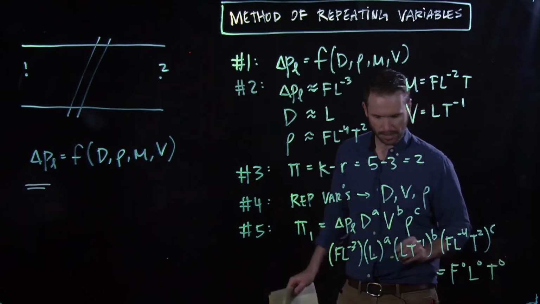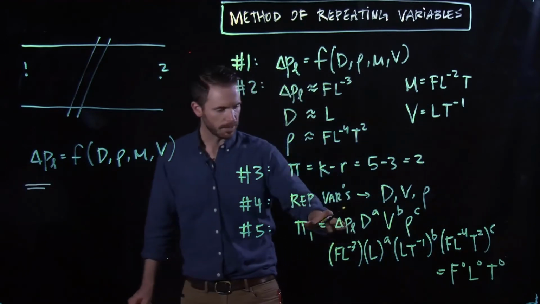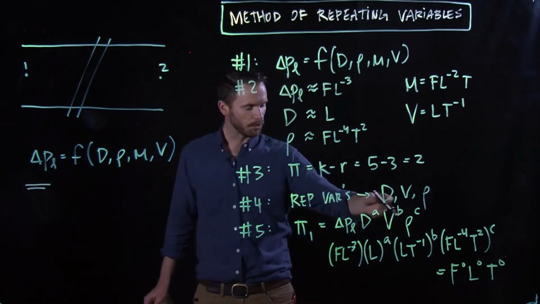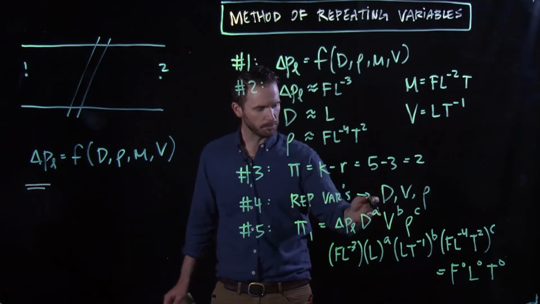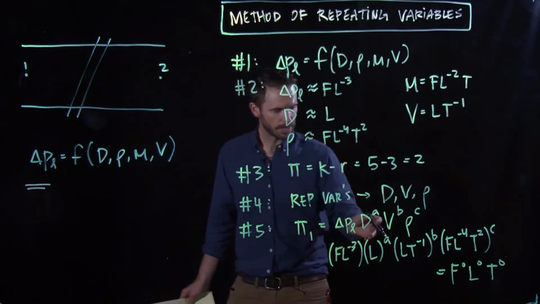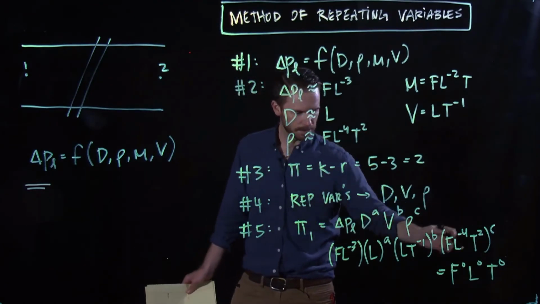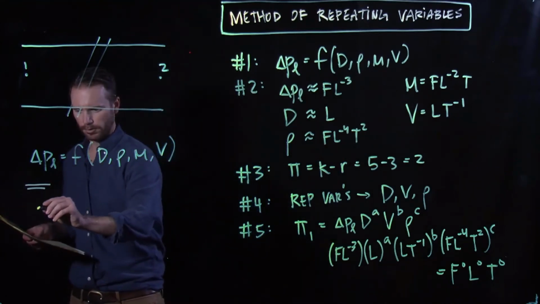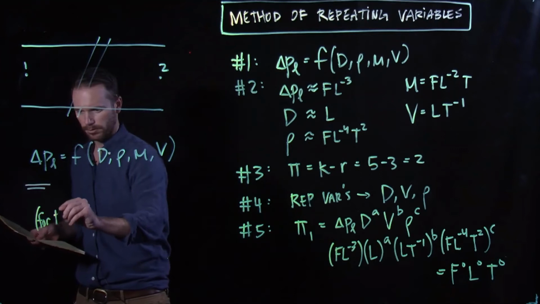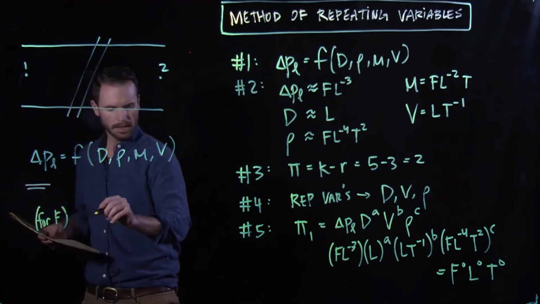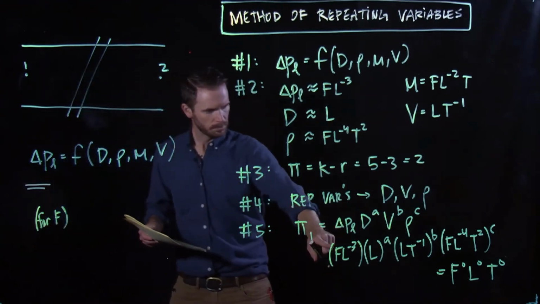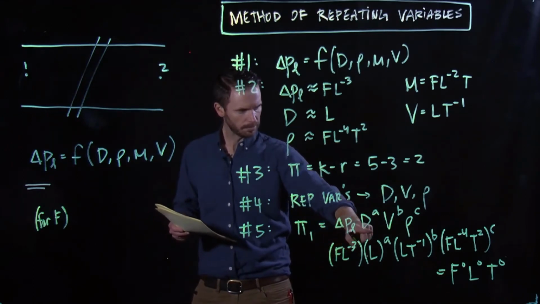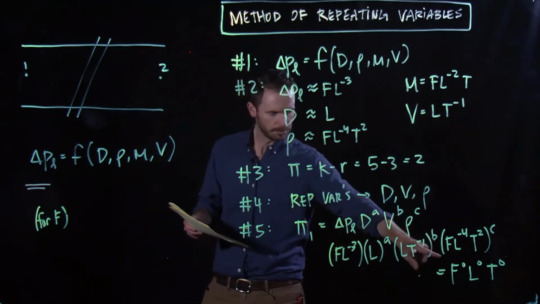All right, so we have this equation. So again, we're taking one of our non-repeating variables, multiplying it by a product of all the repeating variables raised to some power. So now our task is to determine what A, B, and C are. Right? So for force, force appears one time here, and C times here to be 0, right?